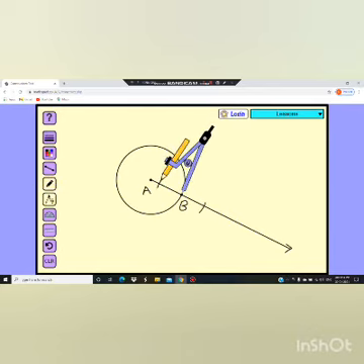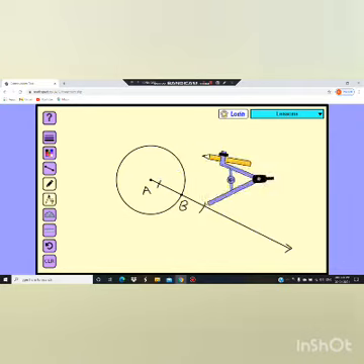Now the next step is to take a point. Whatever these two arcs we got, keep the pointer on one of these arcs, and in the compass take the distance between these two arcs. Okay. Now the next step is upside and downside we have to draw the arcs.